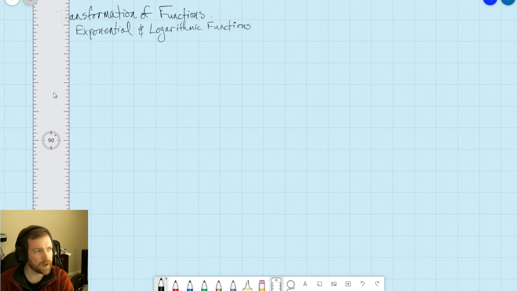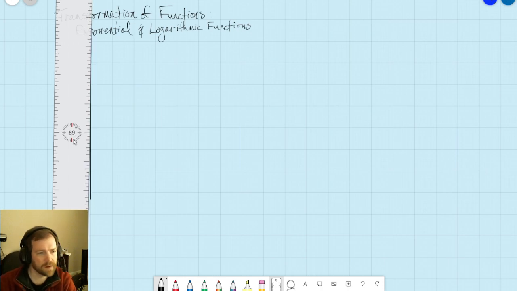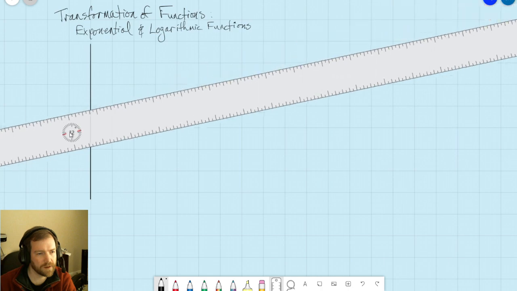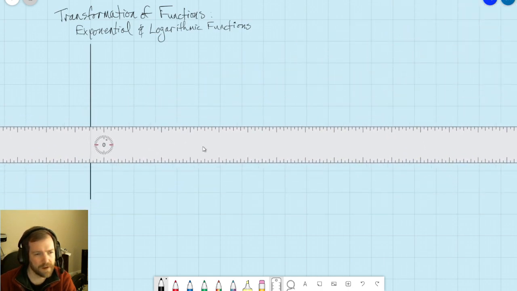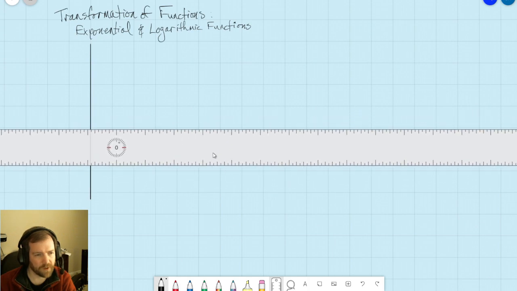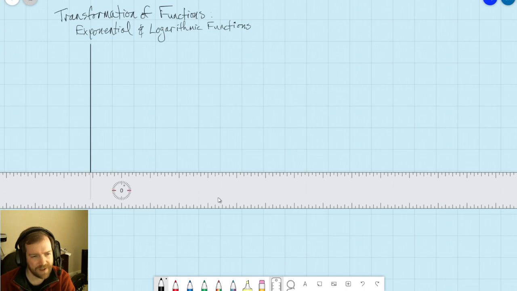So, at some point in the past, I have talked about doing function transformations, but a lot of my students don't quite understand how ubiquitous these things are.